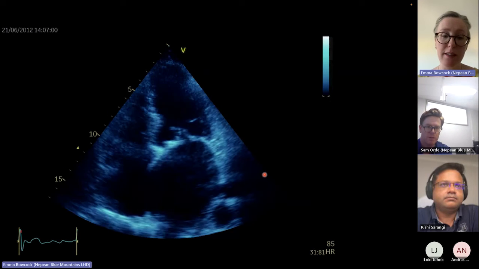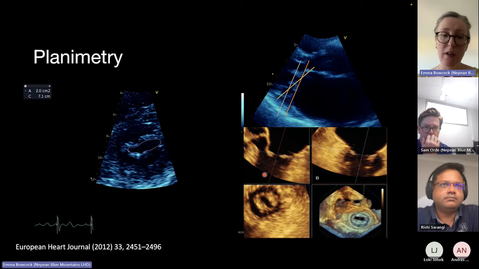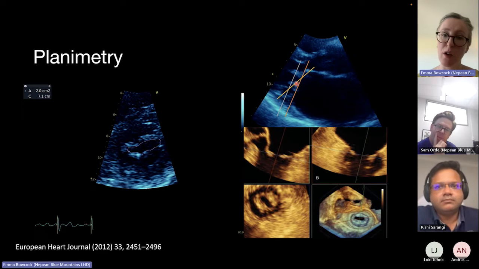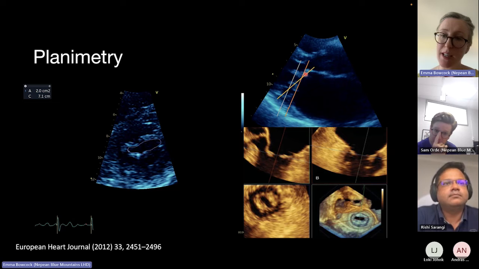The reason 3D is better than 2D is because of that funnel shape that I was talking about. If we take this planimetered value here of 2 centimeters squared, we don't know whether we're taking that at the level of the annulus, or we're slightly off axis perhaps, or we're not taking it at the narrowest point of the funnel.